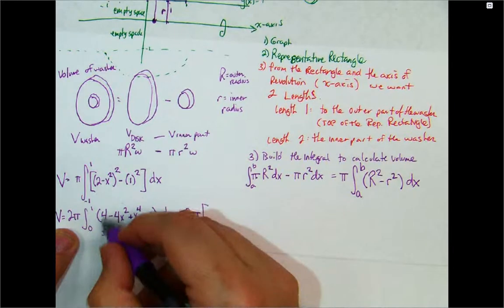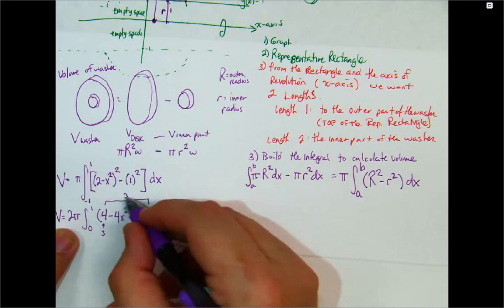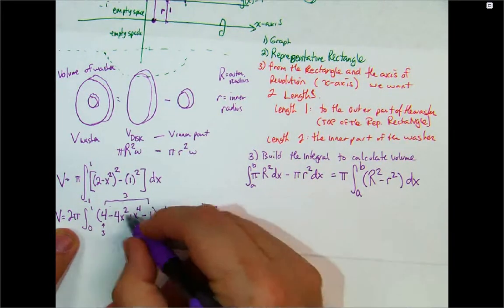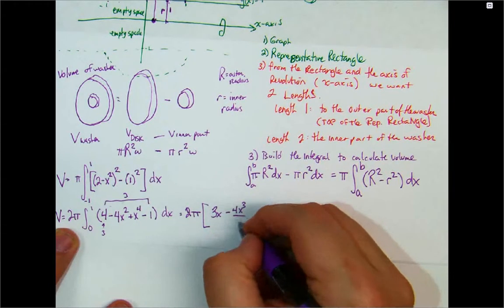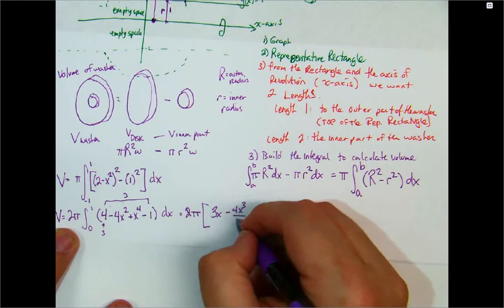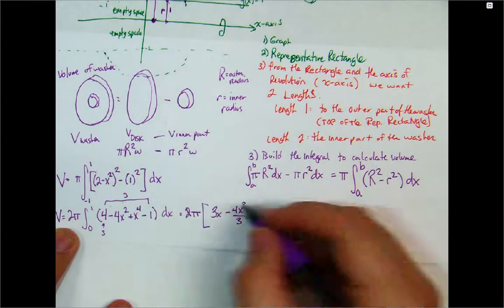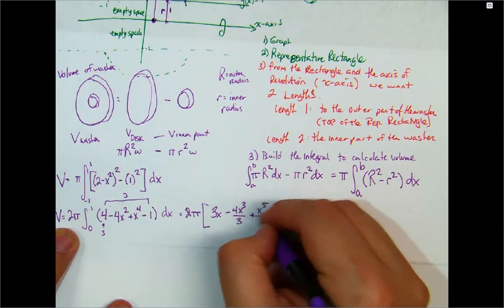What's the integral of 3? 3x. What's the integral of 4x squared? Yep. So I get 4x cubed over 3. What's the integral of x to the 4th? X to the 5th over 5. And I'm going to go from 0 to 1.